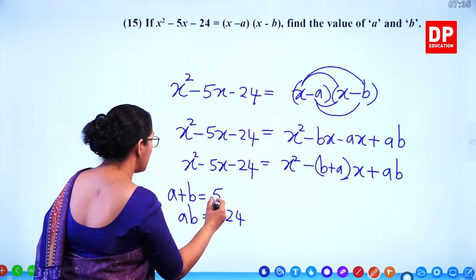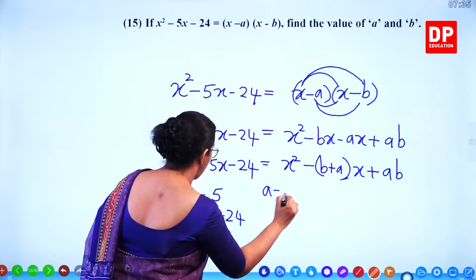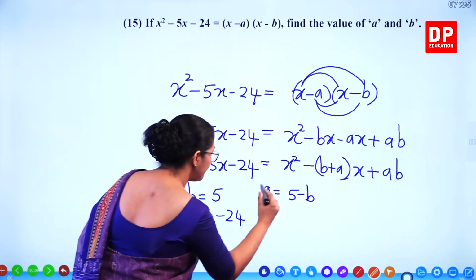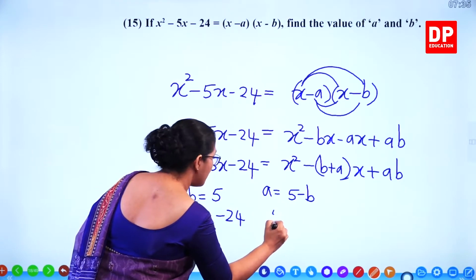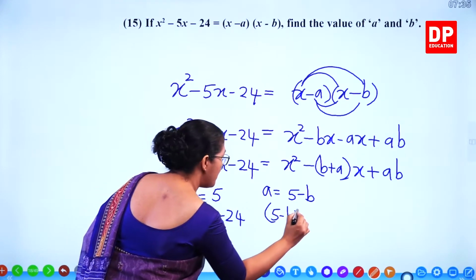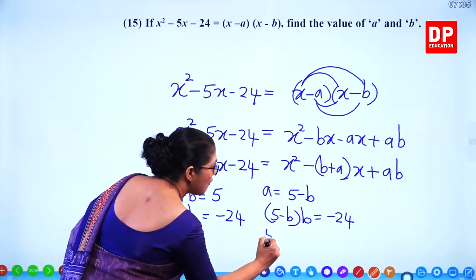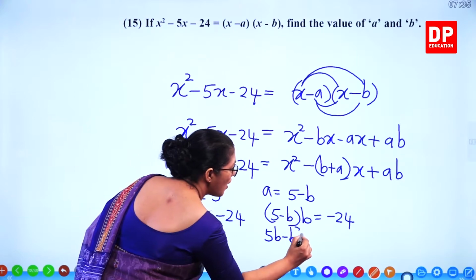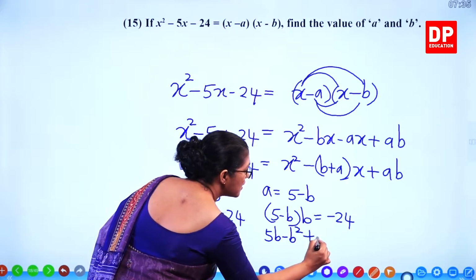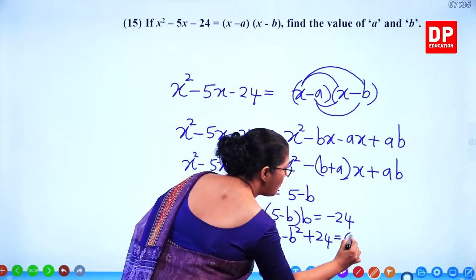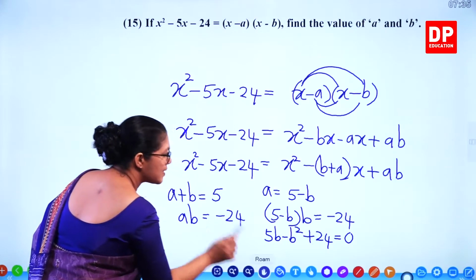So we'll do that. A becomes 5 minus b. Substitute here. 5 minus b into b equals minus 24. You get 5b minus b squared plus 24 equals 0. Take all terms to one side.